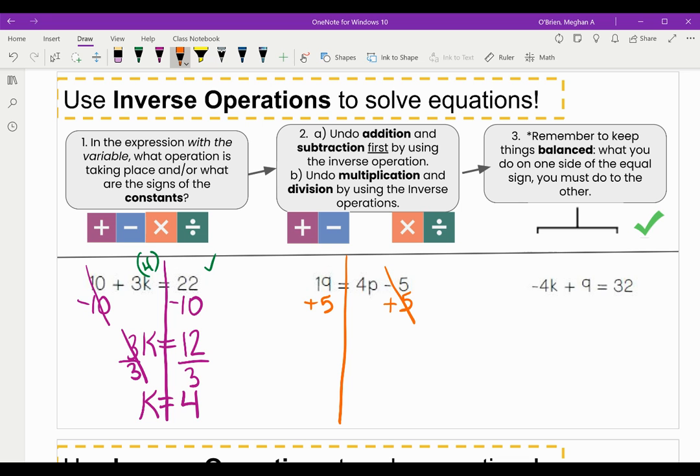So 19 plus 5 is 24, and that equals 4p. 4 groups of p. How do I unravel that multiplication? I use division. 4 divided by 4 is 1. That's what I wanted. If I do it over here, I have to do it over here. And p equals 24 divided by 4, which is 6.